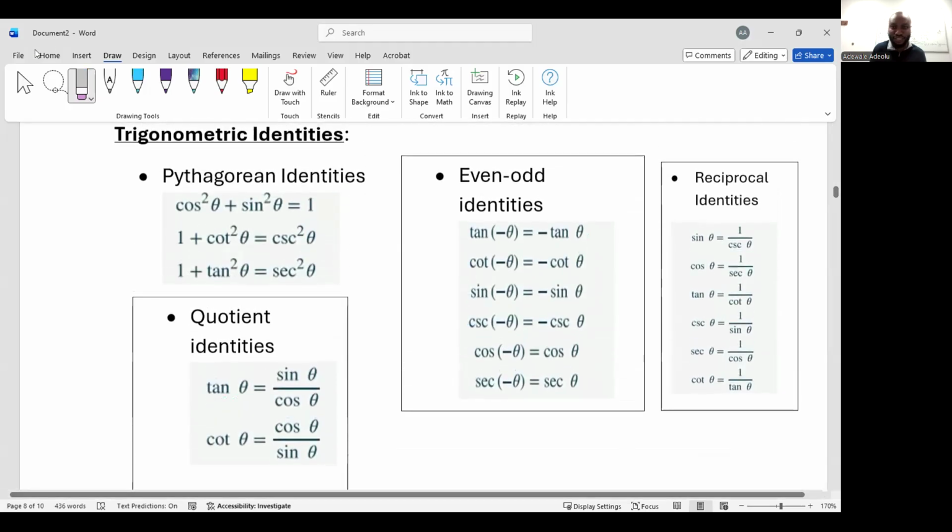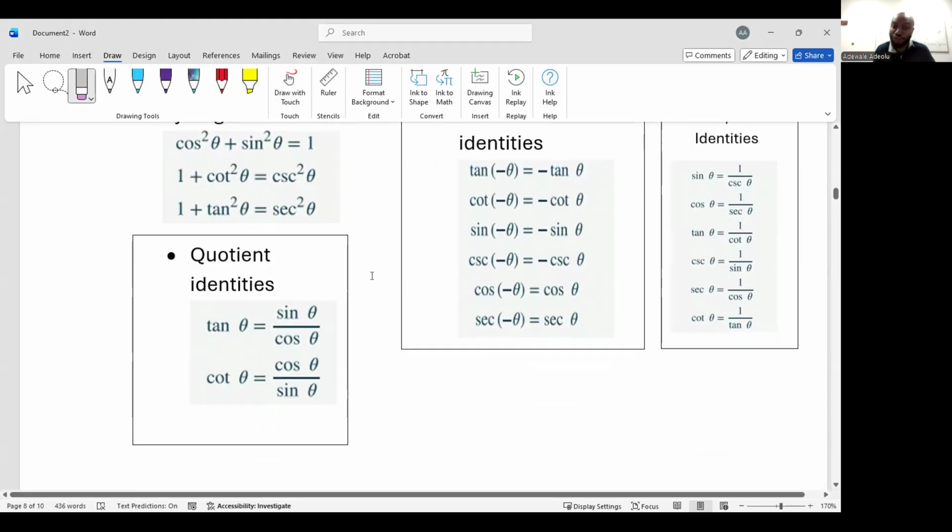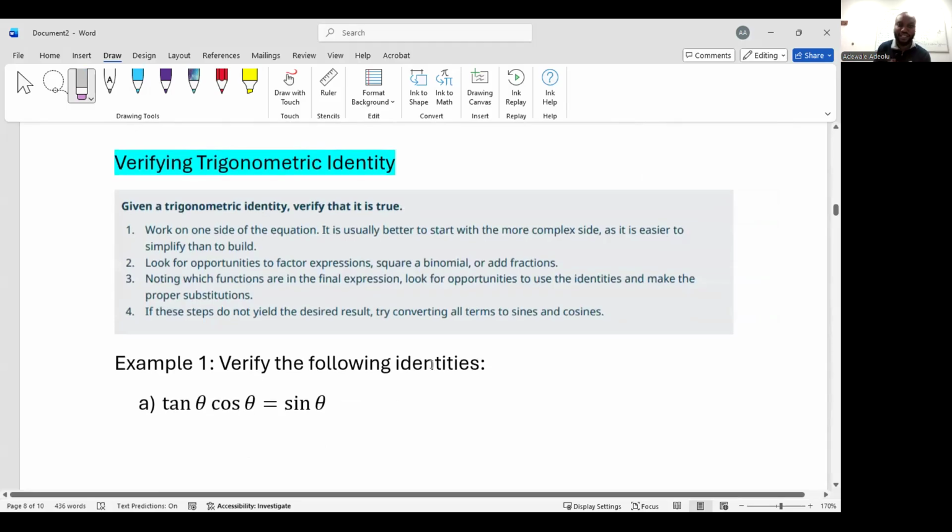Do you need to know these basic identities in your head? Yes, you have to know this in your head because these are the identities you will use in writing these bigger identities in their simplified form. Okay, let us start.